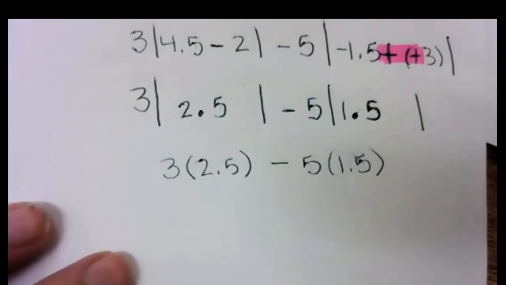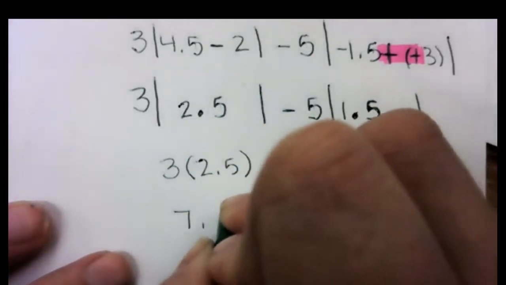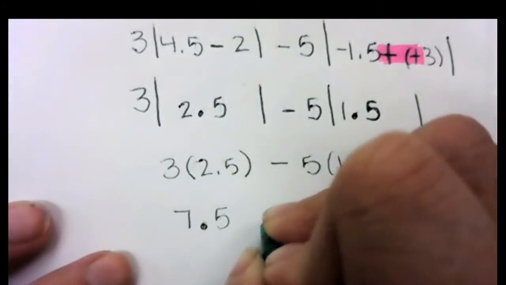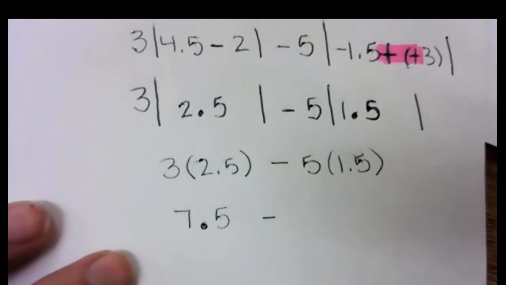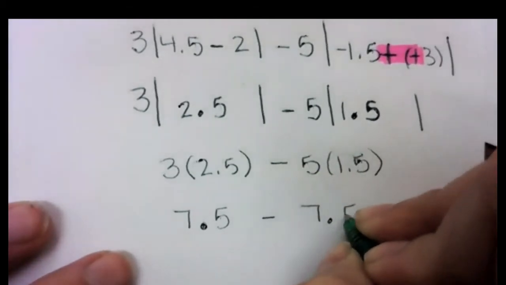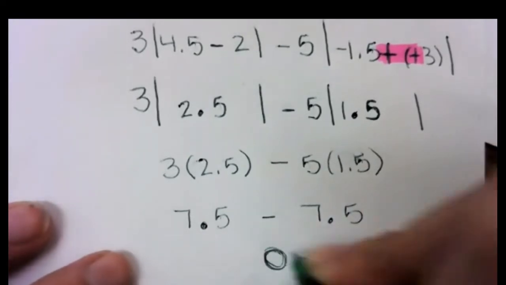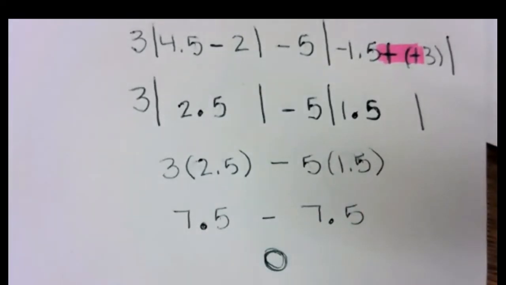So 3 times 2.5, good. Minus 5 times 1.5. Yep. Go ahead, Dominique. Yep. Oh, ironic. Both challenging ones were 0. I hate when they do that, because then it makes you think the hard ones are 0.